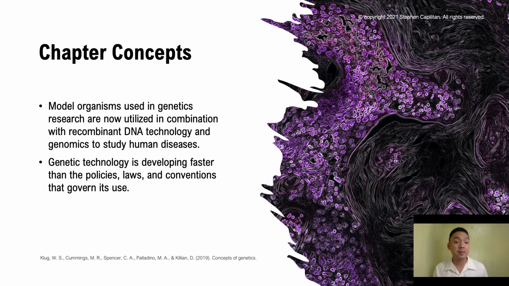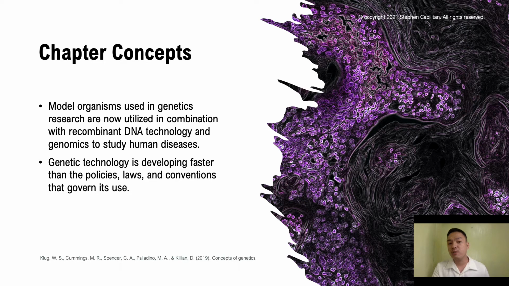Some model organisms are now used in research in combination with recombinant DNA technology and genomics to study human diseases. And genetic technology is developing faster than the policies, laws, and conventions that govern its use.